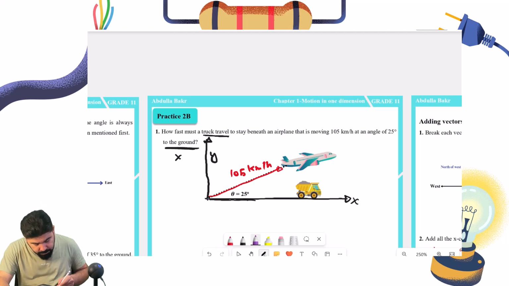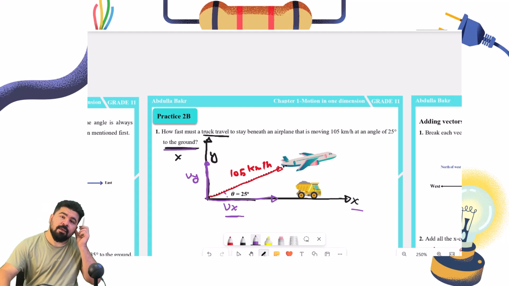Now you know this is the x component, which is vx, and this is the y component, which is vy. We know that the angle is made with the x-axis. Why? Because it says to the ground, so 25 degrees.